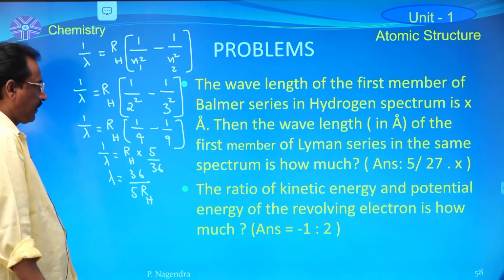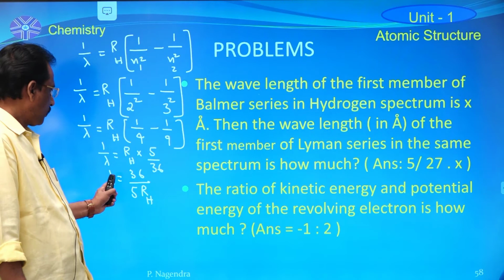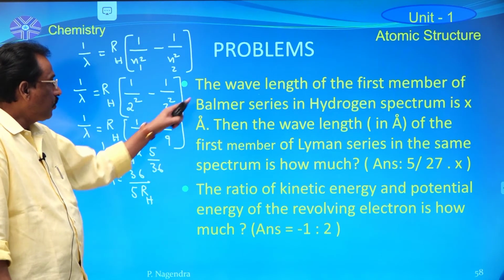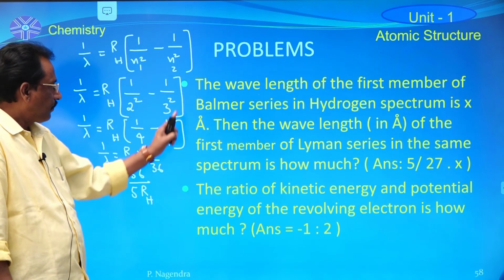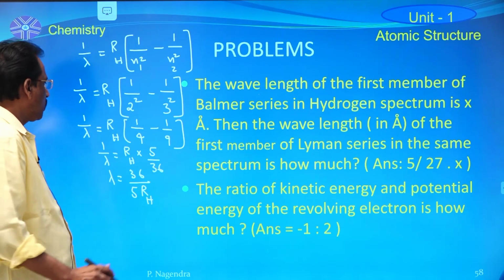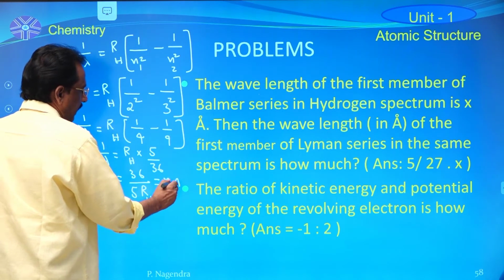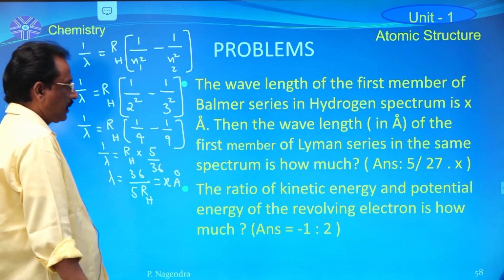So this is the final expression to calculate the wavelength of the first member of the Balmer series in the hydrogen spectrum, which is equal to X angstrom, as given in this problem.